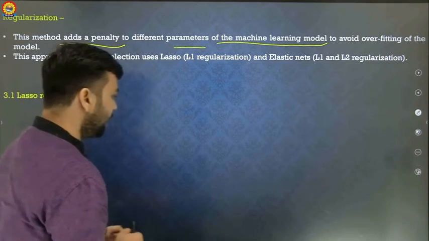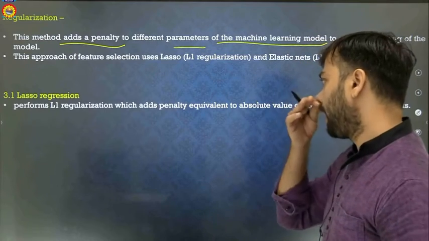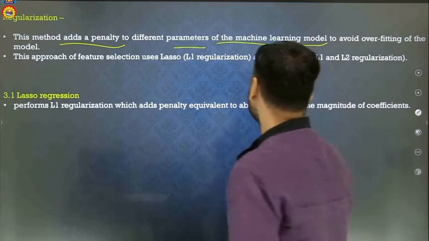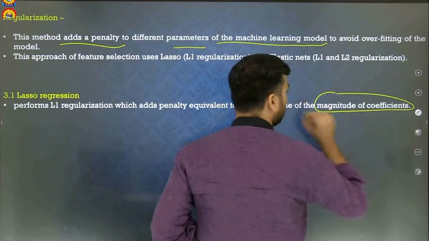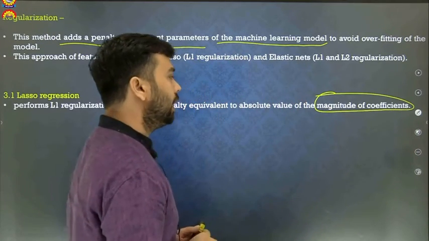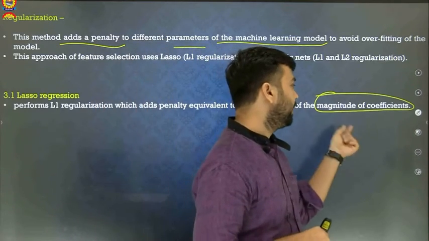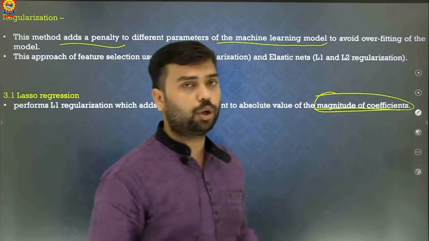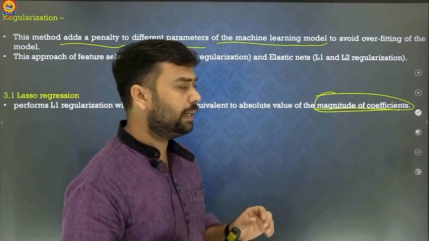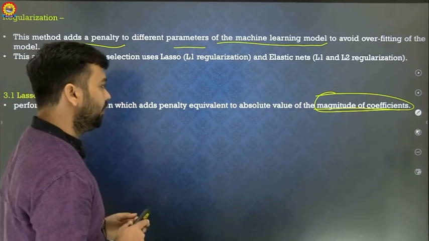Lasso performs L1 regularization, which adds a penalty equivalent to the absolute value of the magnitude of the coefficient. So the penalty is applied according to the magnitude of the coefficient, to the features that are not performing well.